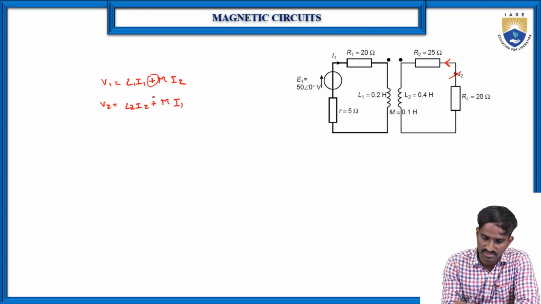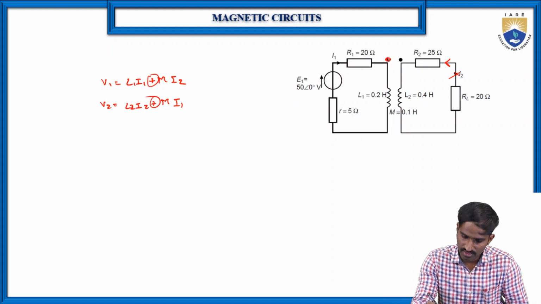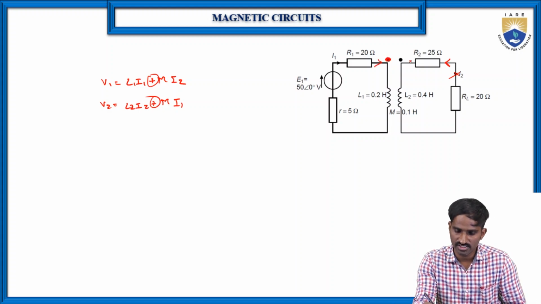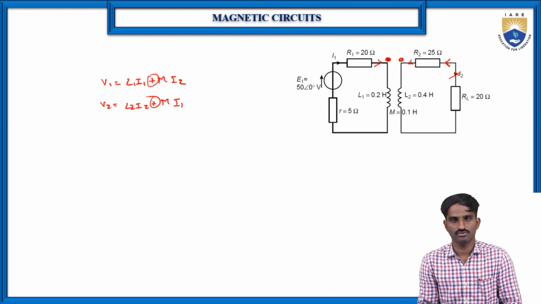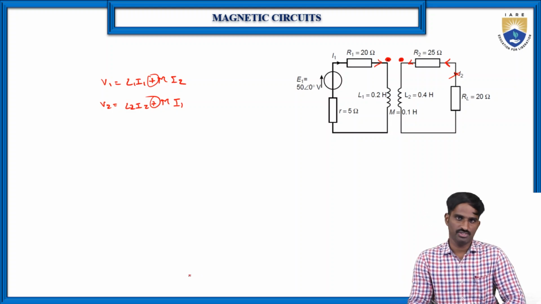So here you will get the plus sign, because in the primary winding the current is entering through the dotted terminal, and in the secondary winding also the current is entering through the dotted terminal. So that's why the mutual inductor will get the positive sign.